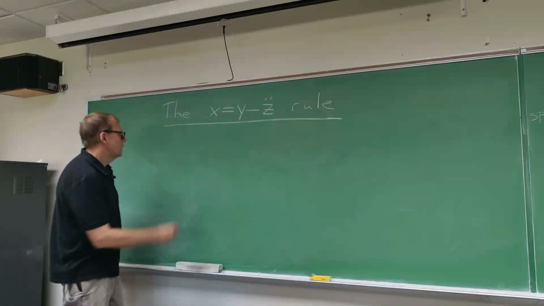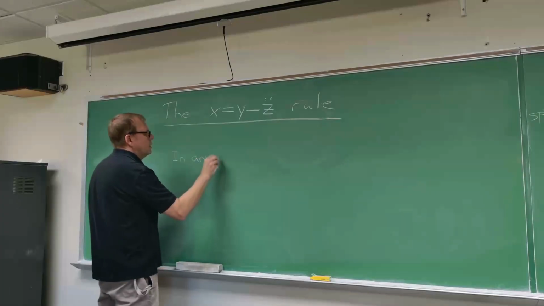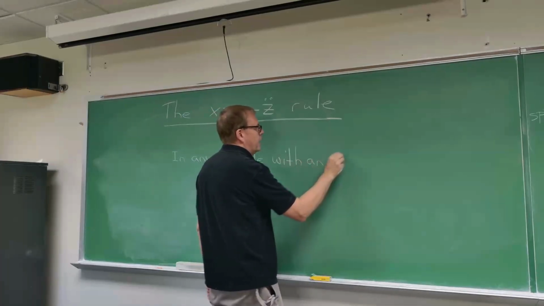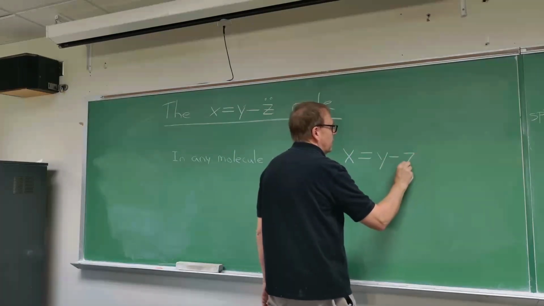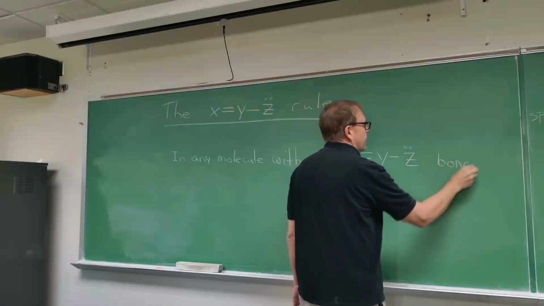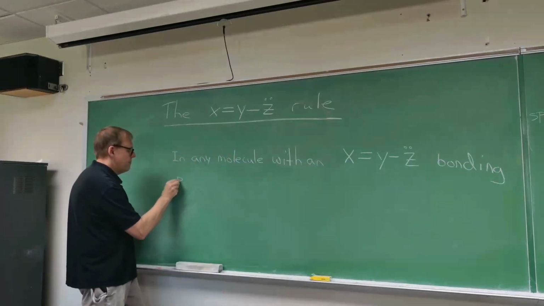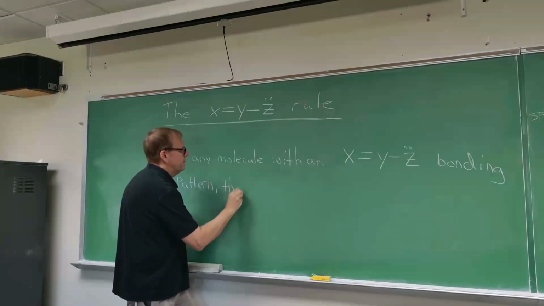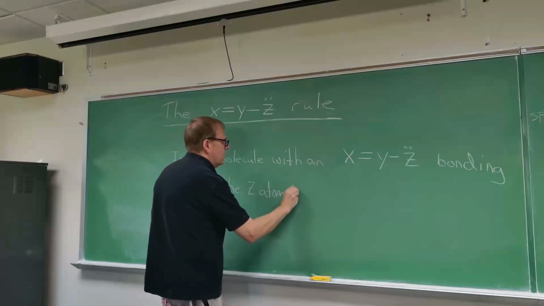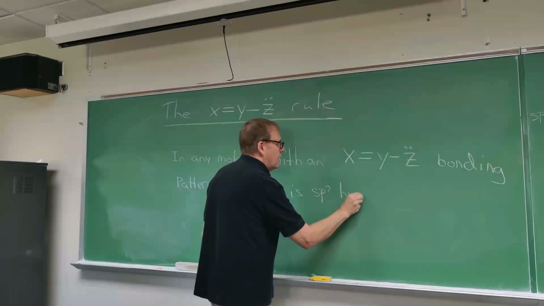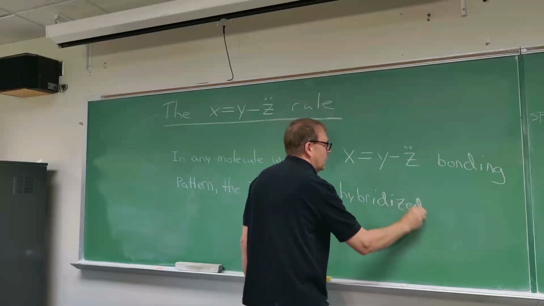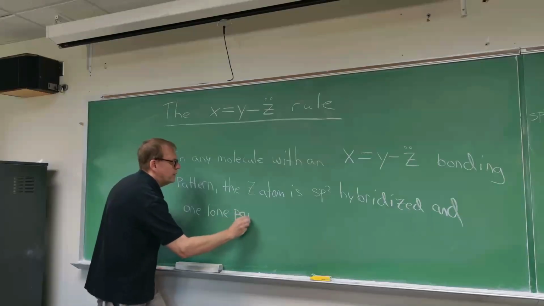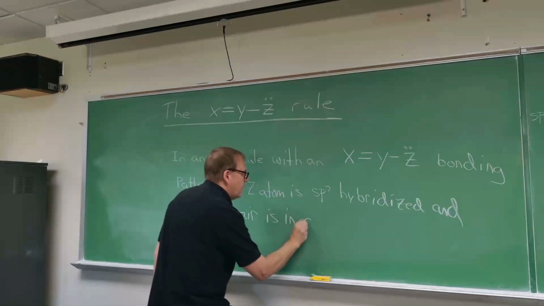So I'm going to put this into words. In any molecule with an XYZ bonding pattern, the Z atom is sp2 hybridized, and one lone pair is in a p orbital.